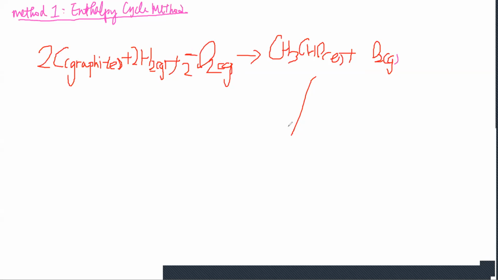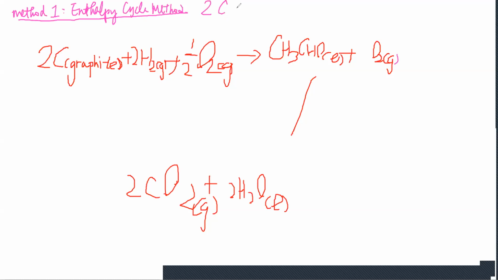Originally the equation I would like to find out is 2 carbon graphite plus 2 hydrogen gas plus half mole of O2 gas to form the final product. Don't cross it out.